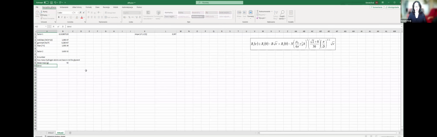What is the density of glycerol? Could you please check the density of glycerol? Yeah, density in gram per cubic centimeter is 1.26.